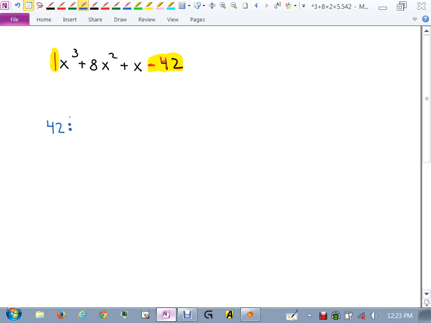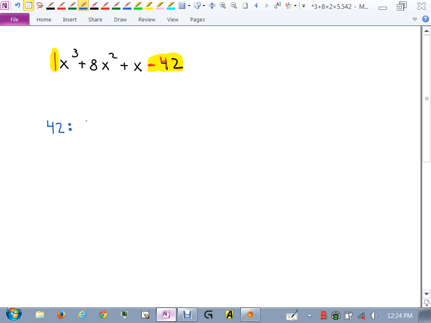Tell me all the different ways that I could multiply two nice integers together and get 42. 6 and 7, what else? I heard 4 and 21 and 2 and 1 times 42, right? There's all these different combinations, right? What you need to do is list out every possible combination.